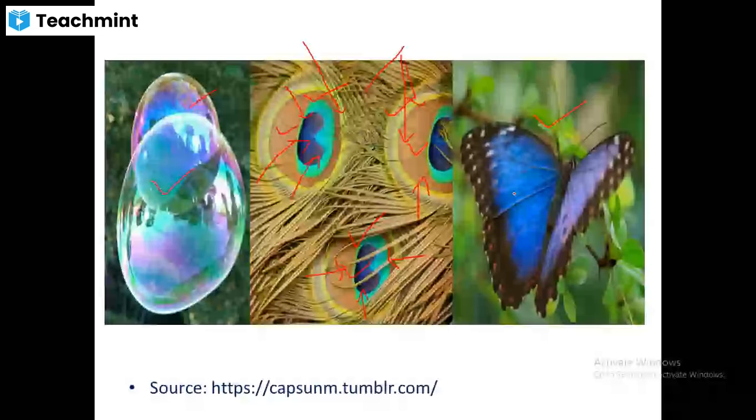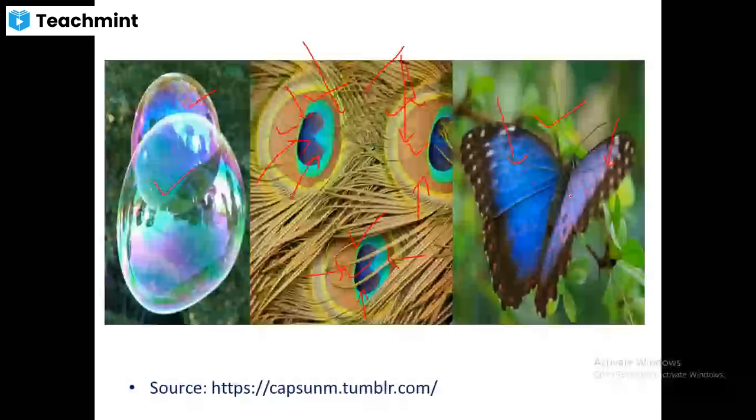You can see the different colors in this butterfly. Again, if you see from different angles, you are able to see different color combinations on this butterfly. Why are you able to see different colors? Again, the upper layer of this butterfly acts like a thin film, and whenever light falls on this thin film, there is going to be interference.